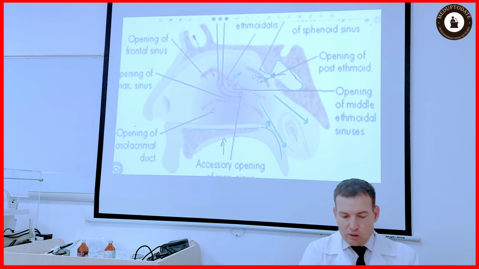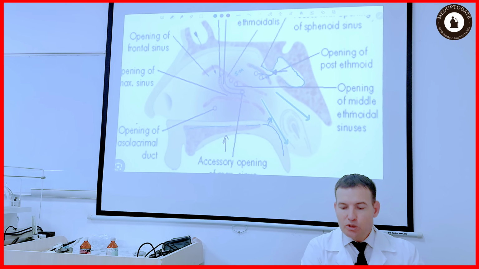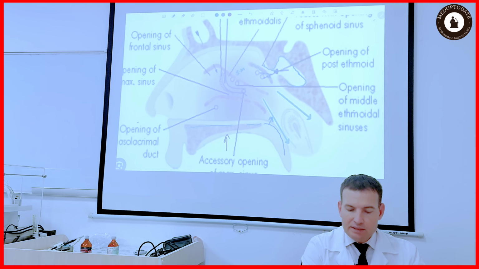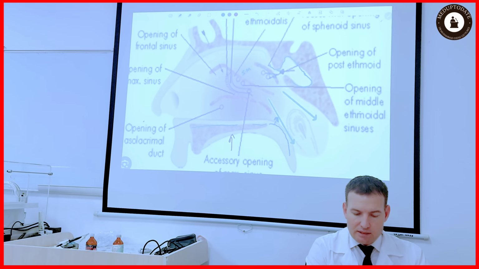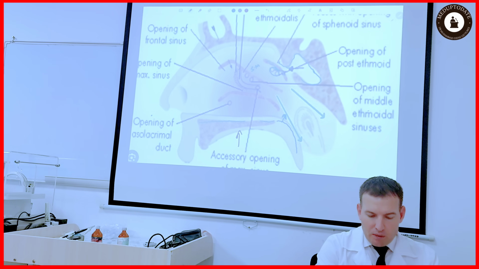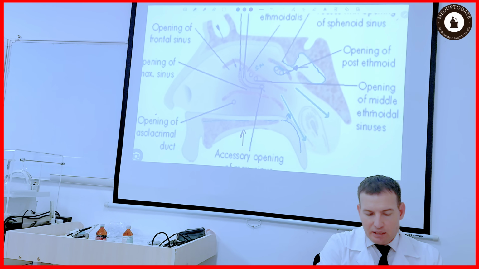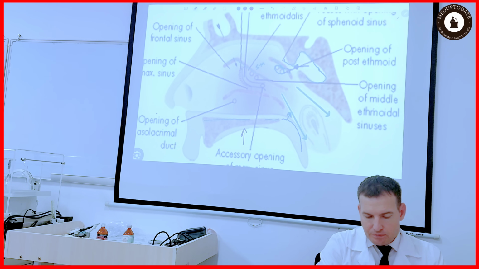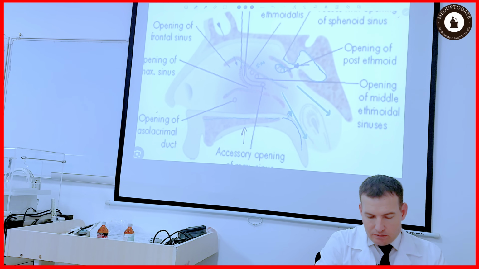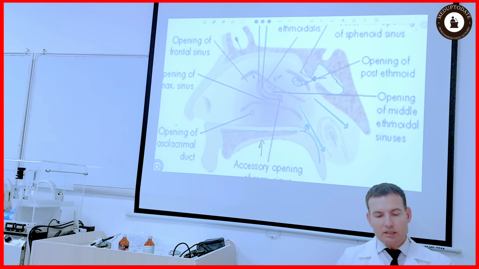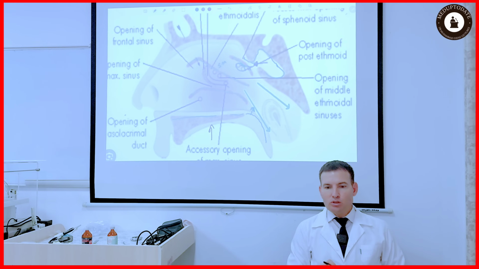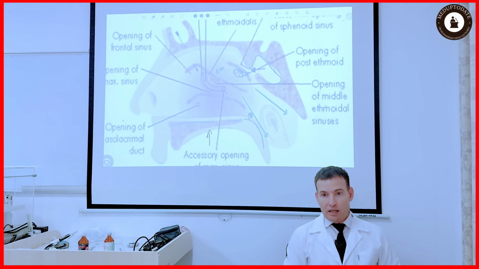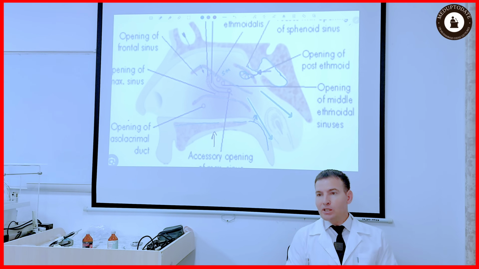Okay, so this posterior ethmoidal sinus opens in the superior meatus. Okay, you can see. Then we have the middle concha, and the inferior concha. And between the middle and inferior concha, we have the middle meatus. And we have many openings over here.